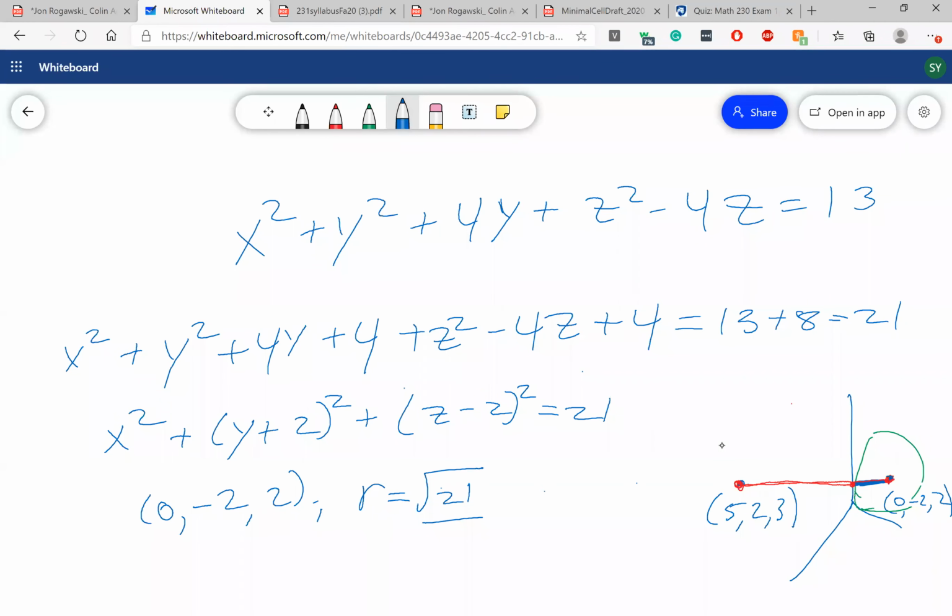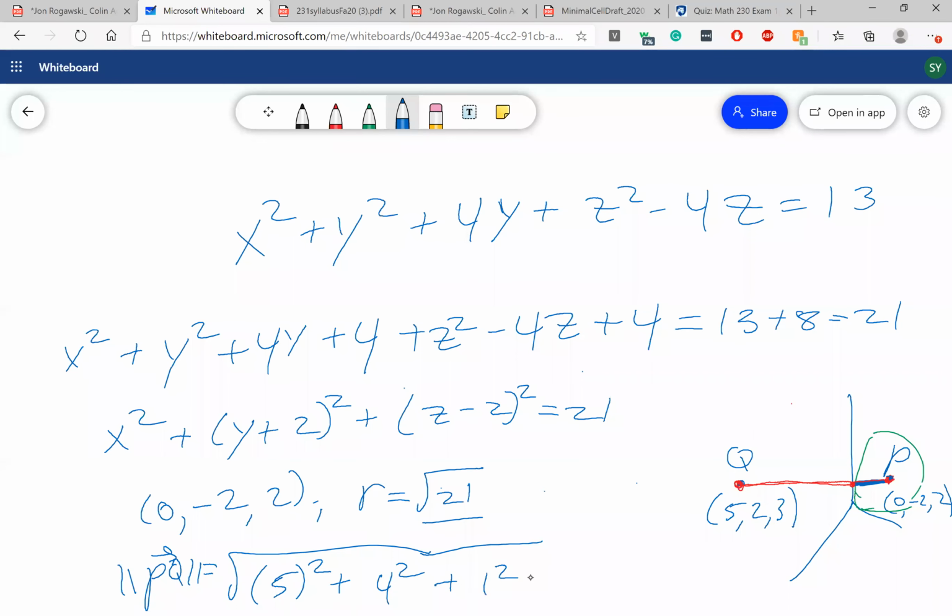So let me call this point Q, and let me call this point P. We're looking basically at the magnitude of the vector from P to Q, which is equal to the square root of (5 minus 0) squared plus (2 minus 2)... wait, 2 minus -2, which is 4, squared, and then plus (3 minus 2), which is 1, squared.